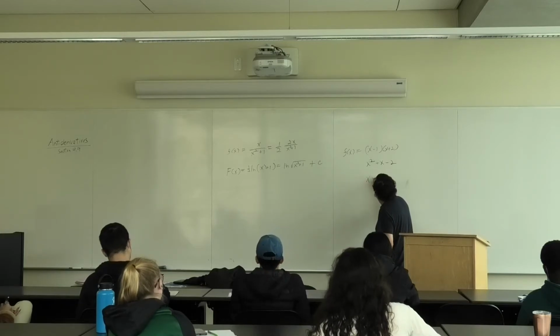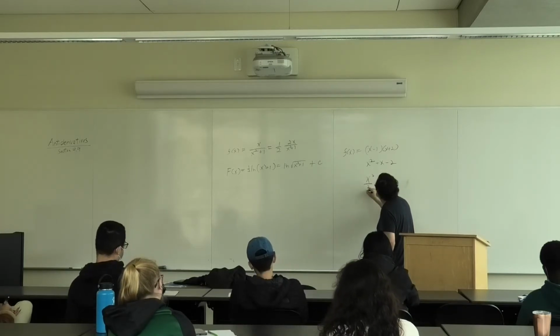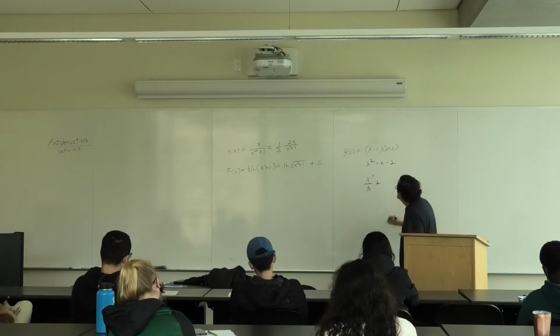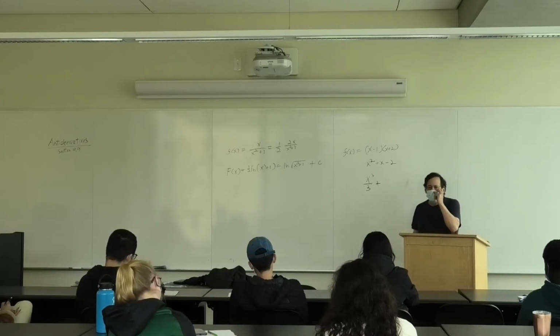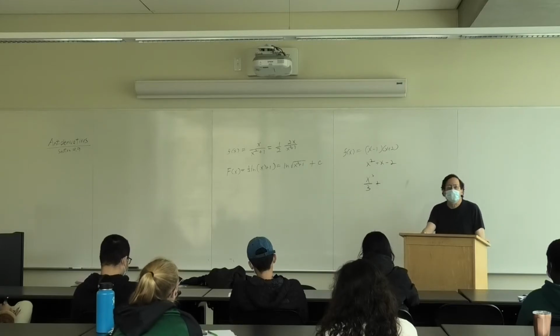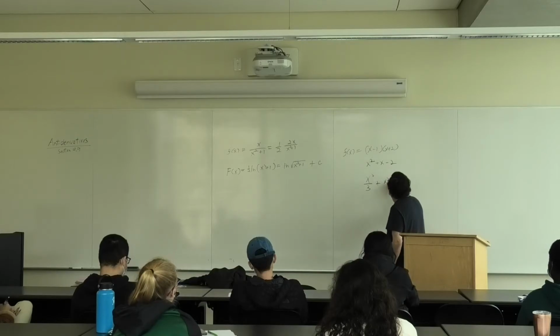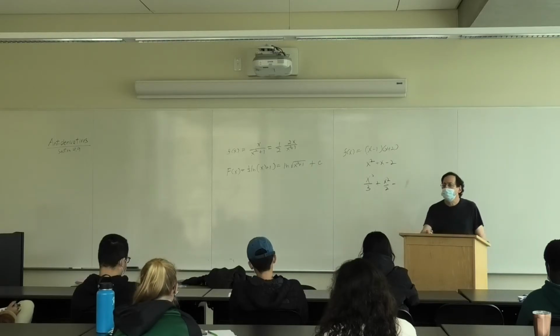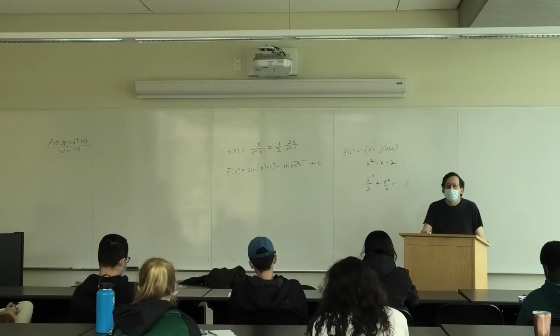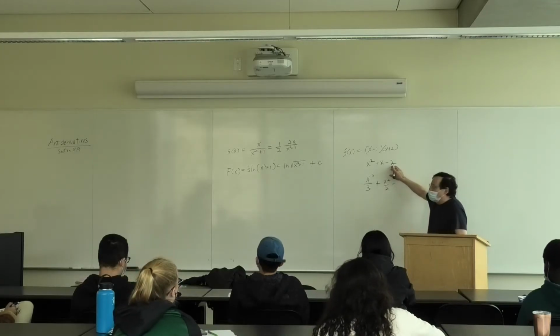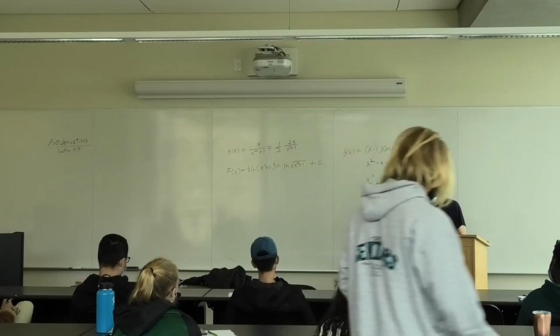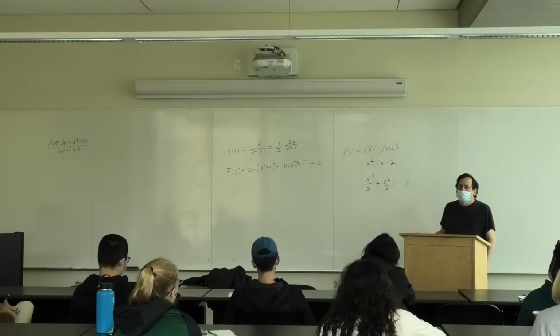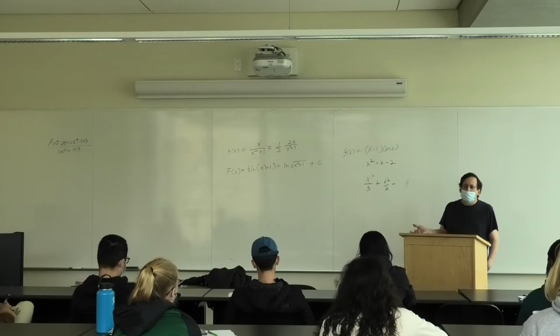The x to the third over 3. Okay. Somebody else want to tell me what the next term is? Yes? X squared divided by 2. Okay. I'm going to put in a minus here. What about the next term? Antiderivative of a constant is just what? Constant times x.